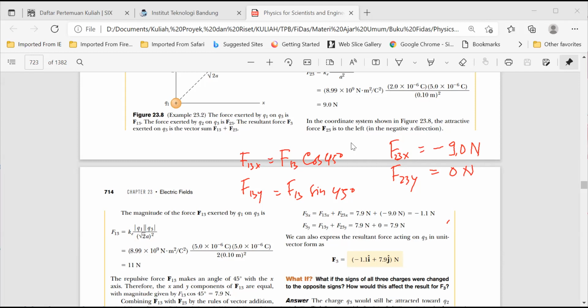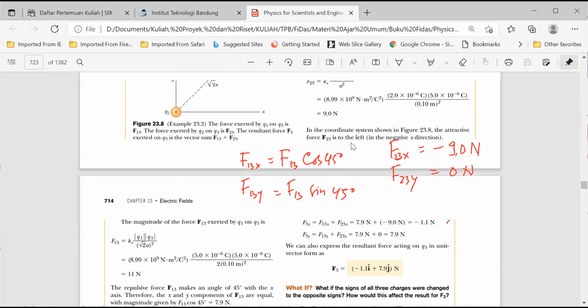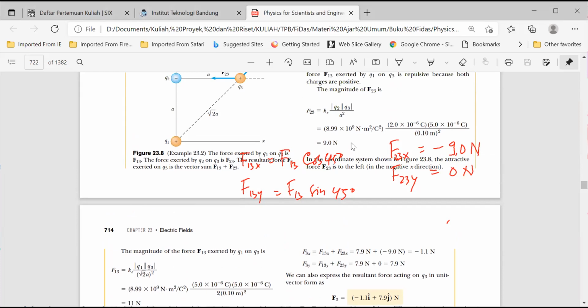Okay, so if we rewrite this result in the context of a complete vector, so this is F3x and this is F3y.